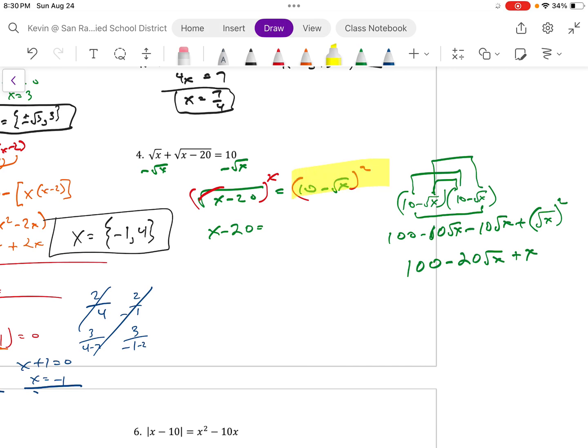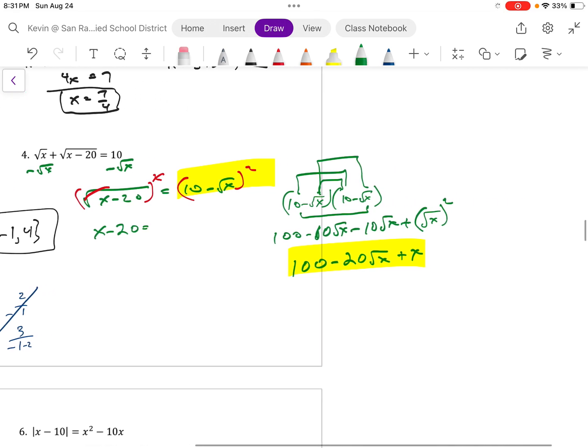So that's how this sort of cleans up, so to speak. Okay, I've got to try to remember what to do here. Okay, so this is 100 minus 20 root x plus x.